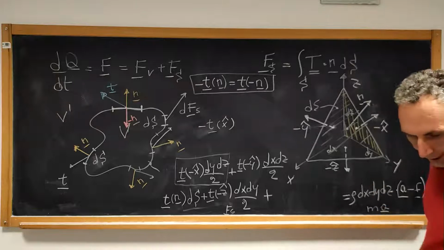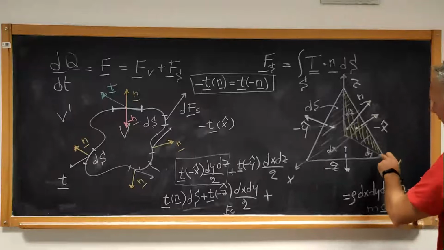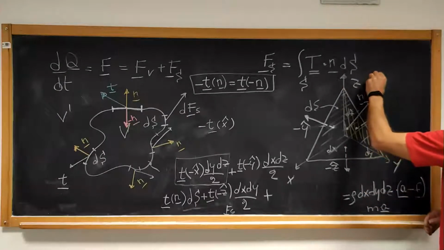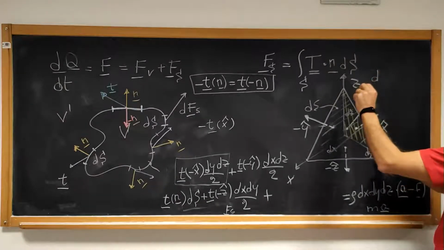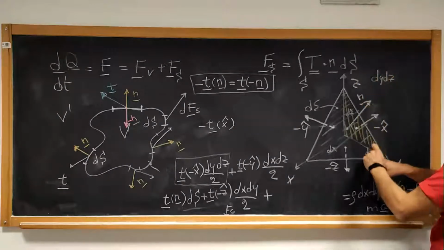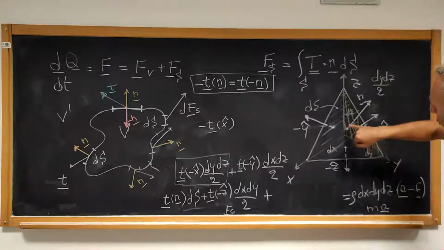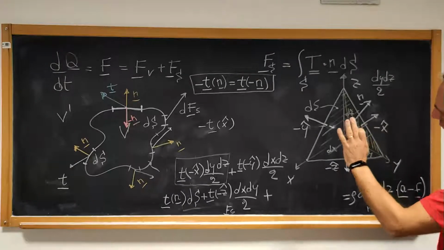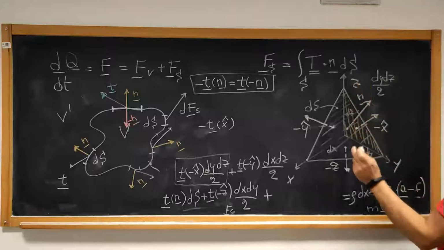So I can write, let me write it here. So the orange shaded area, so the dy dz divided by 2, and this is the area which I have shaded with the orange chalk, is the projection of the inclined area on the y-z plane.